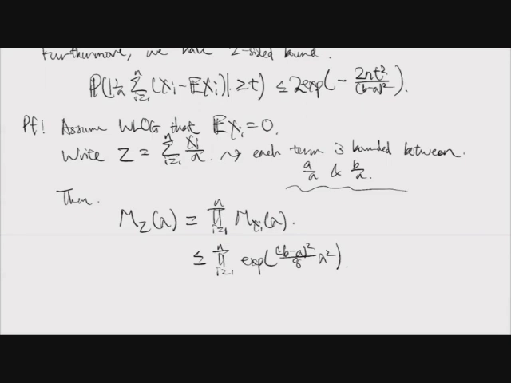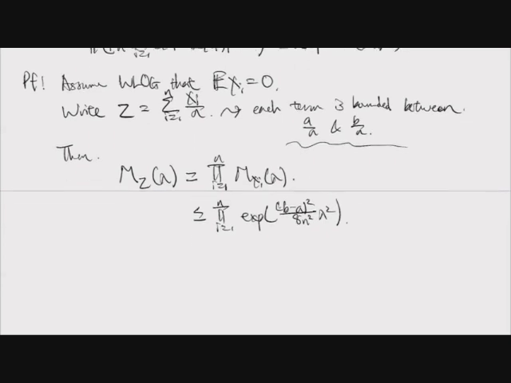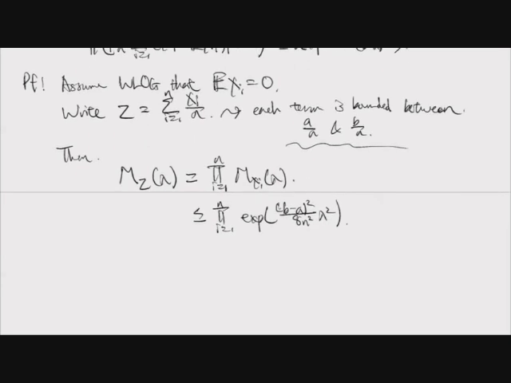And I think I forgot the n, so there should be an n squared here as well. That comes from the fact that the terms are now bounded between a over n and b over n. So the first step was applying the second lemma, and the second step was applying Hoeffding's lemma, the first one.